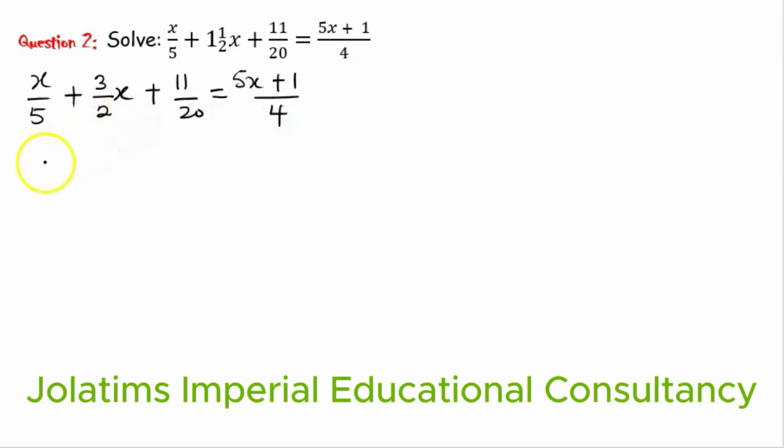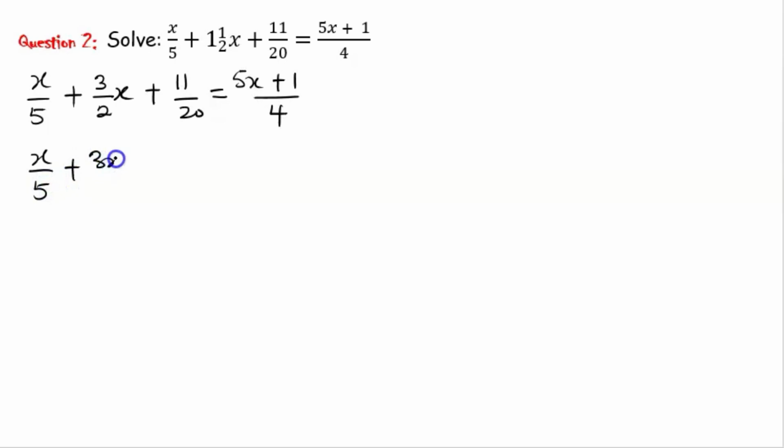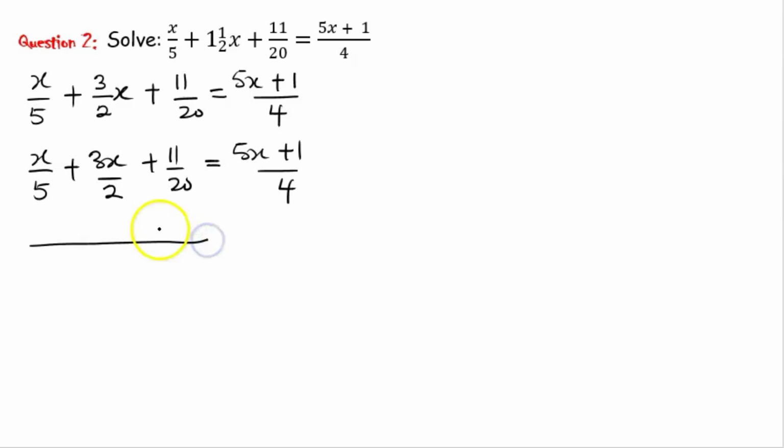Alright, so let's just simplify further. We have x over 5 plus 3x over 2, and we have plus 11 over 20 is equal to 5x plus 1 over 4. Alright, so let's find the LCM on this side.